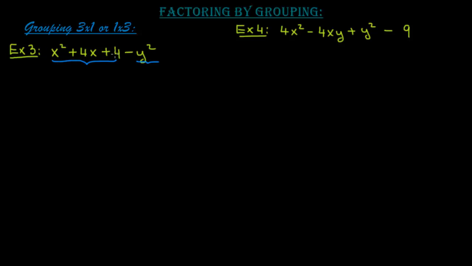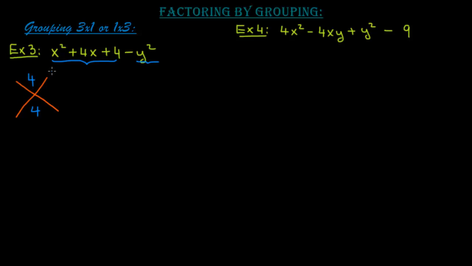So the first 3 terms are a trinomial. So we have to factor by the diamond form. If you don't know what factoring by diamond form is, you can go back to the previous video to review how to factor a trinomial. So I fill in the top with 4 and the bottom with 4.